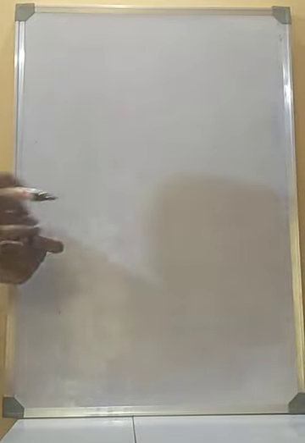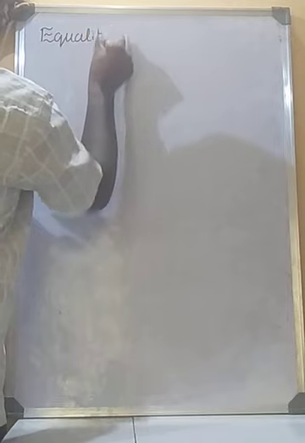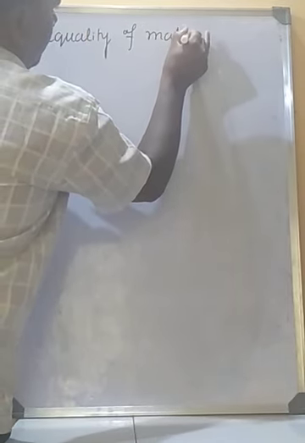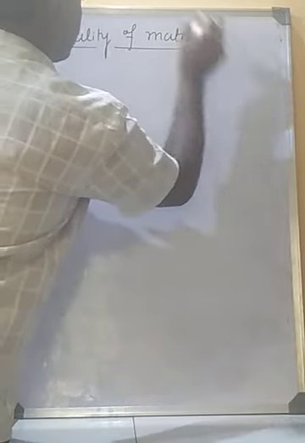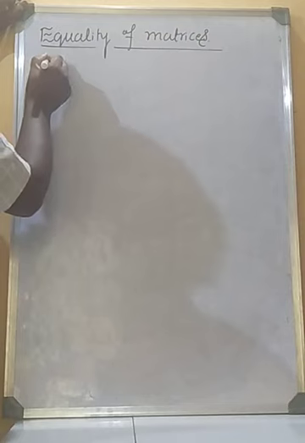The next concept is equality of matrices. Two matrices are said to be equal if they are of the same order.